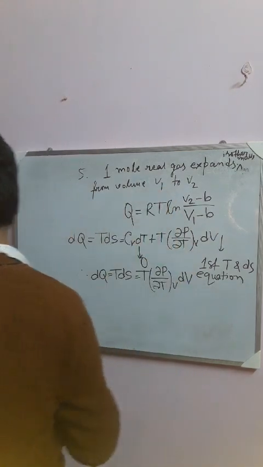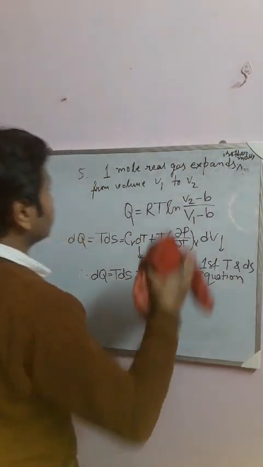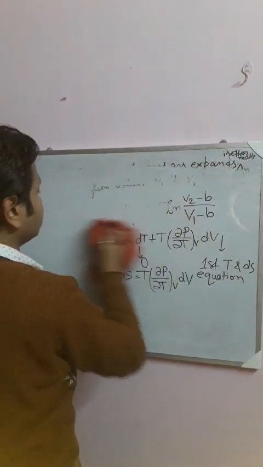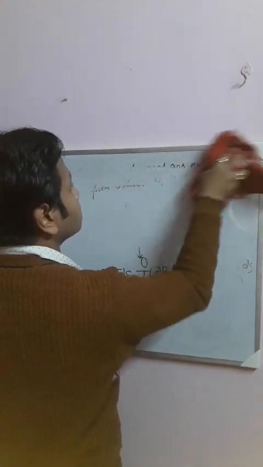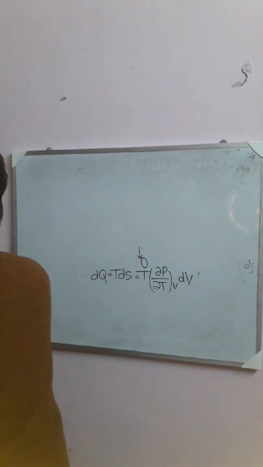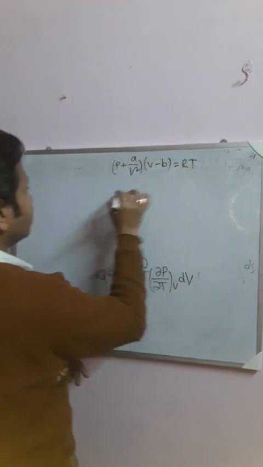Now use the real gas equation to substitute the value of this. Since it is mentioned that the gas is real, you can use the van der Waals equation to put the value of this quantity. So for 1 mole real gas we can write P equals RT by (V minus b) minus a by V squared.